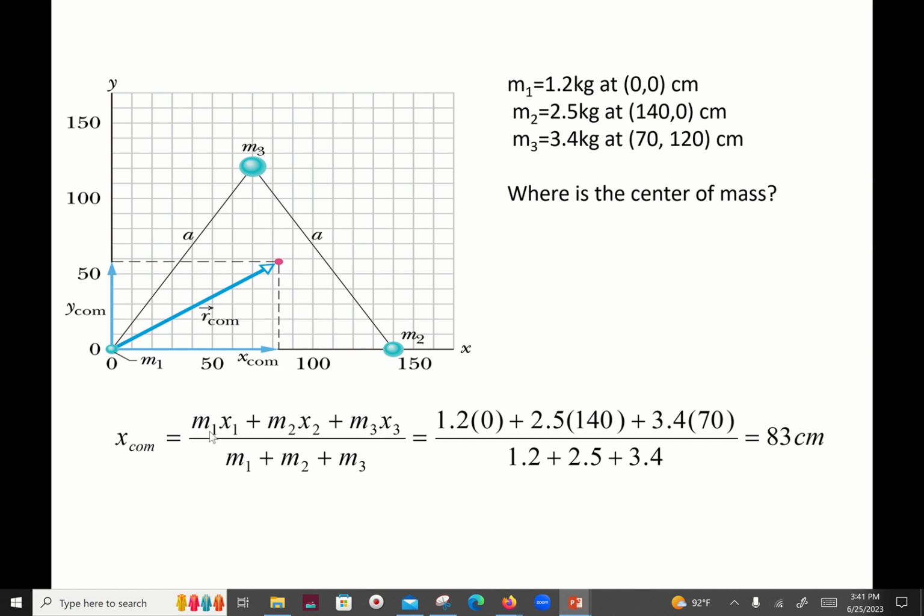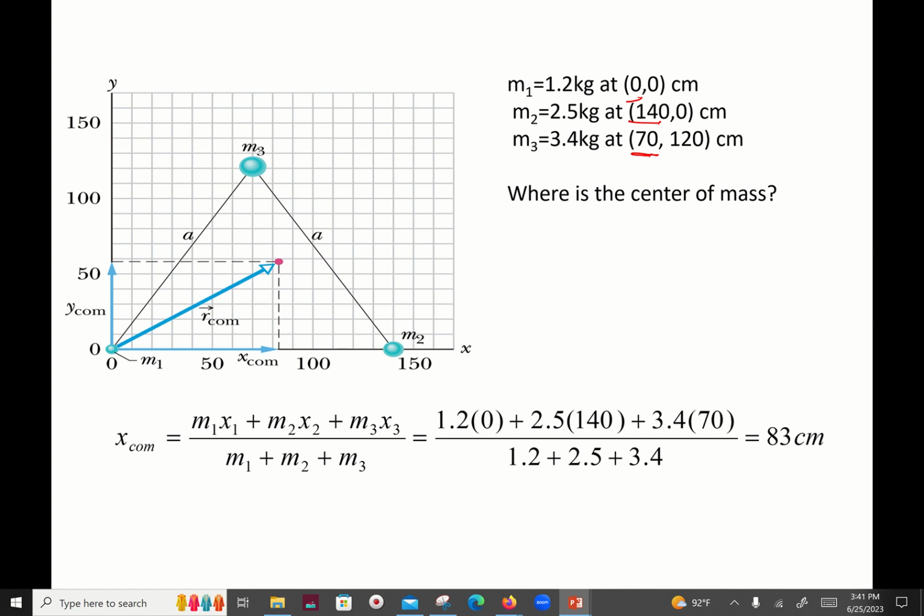So what's my equation? Well, I do the mass times the position for each of the particles, and I'll do the X first. So M1 X1 plus M2 X2 plus M3 X3, and then I divide by the total mass of all 3 particles. So it's 1.2 times 0, because X equals 0, and then 2.5 times 140, and then 3.4 times 70, and then divide by the total mass, 1.2 plus 2.5 plus 3.4.